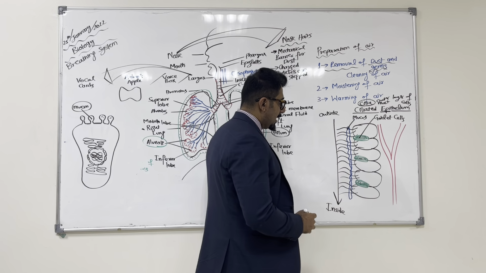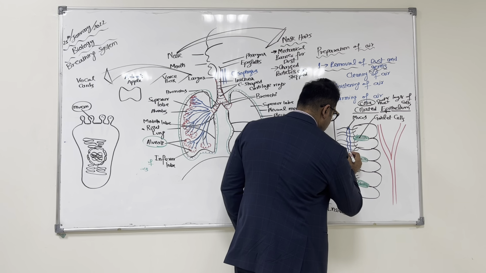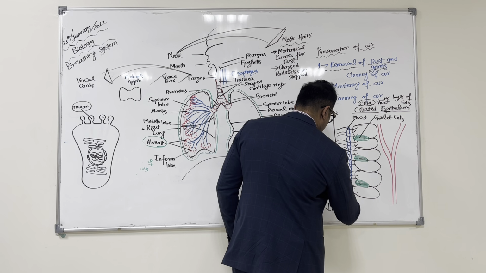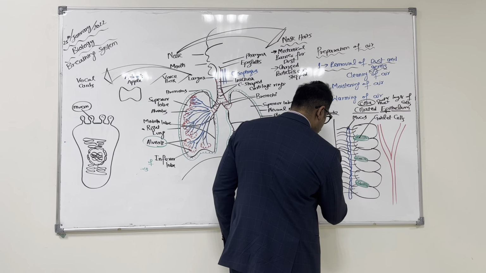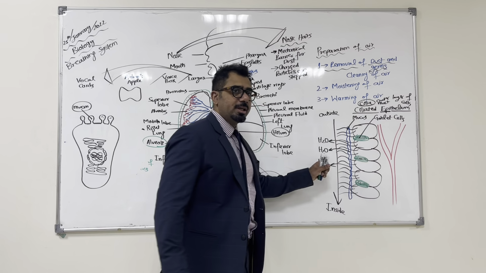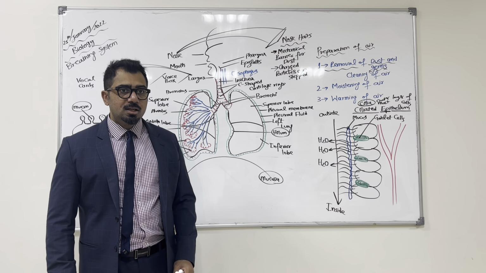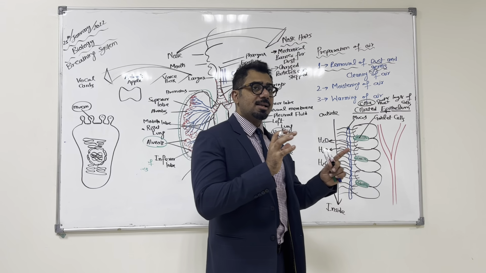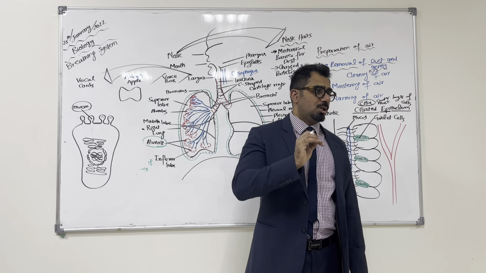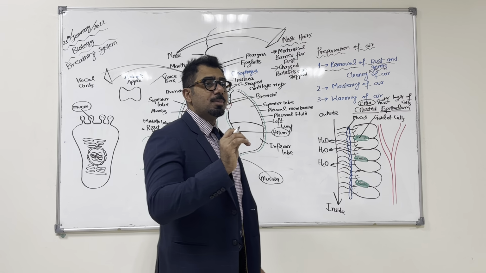So what happens is that from the mucus, the water particles move by diffusion from higher concentration to lower concentration, and moisture is added to the air. This is how the air becomes moistened. Now, first of all, the question is why there is a requirement for moistening.